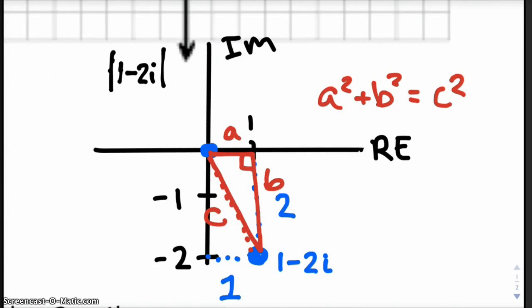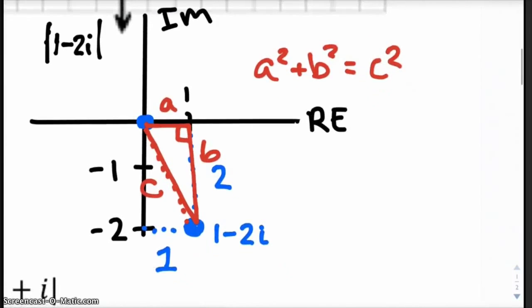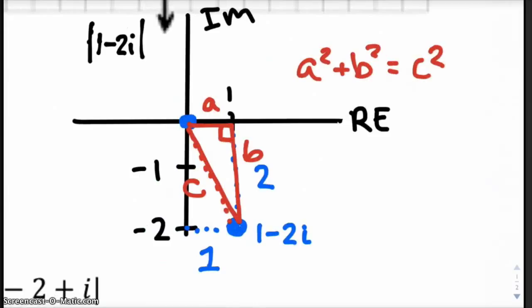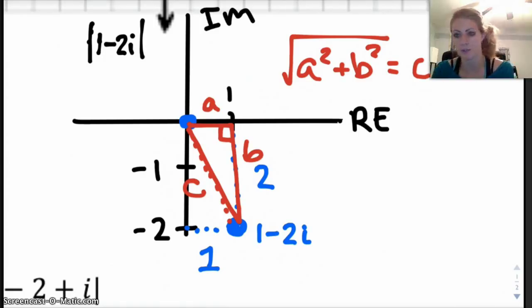And so when you have that situation, you can just solve for c by taking the square root of both sides, and you end up with, well, plus or minus, but since it's a distance, it doesn't matter. Distance always has to be positive.